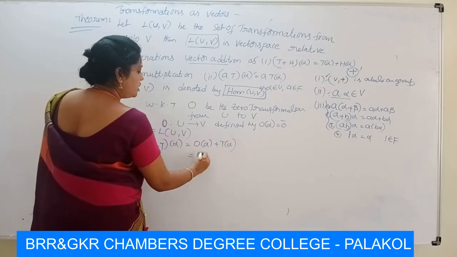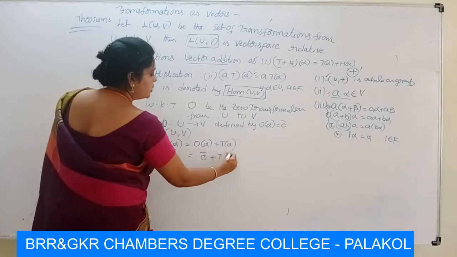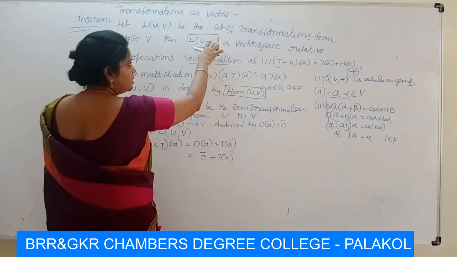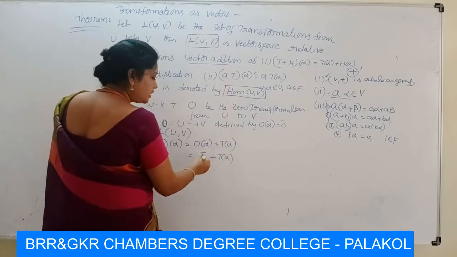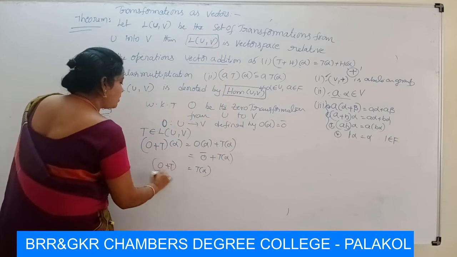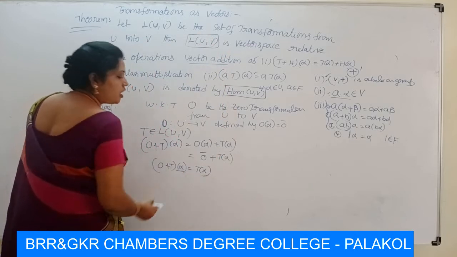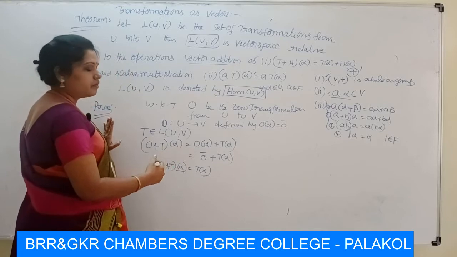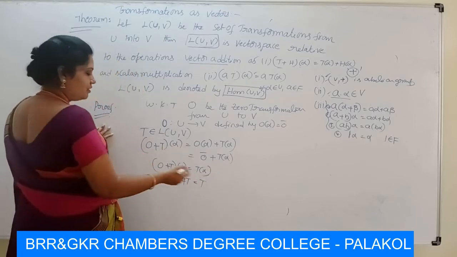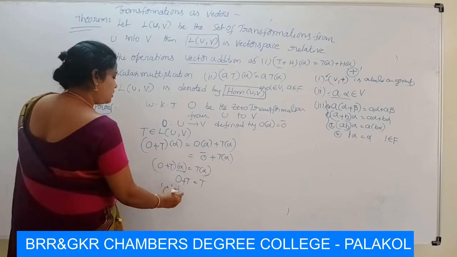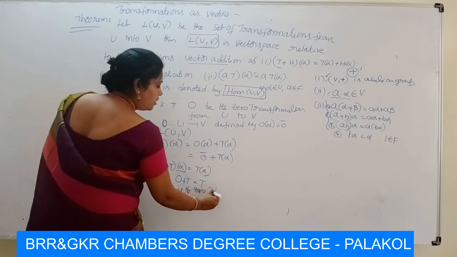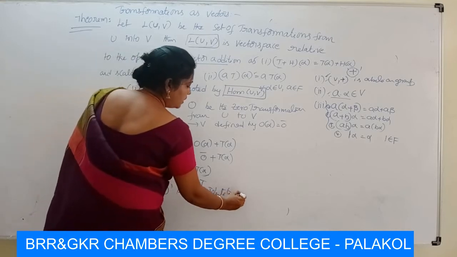O of alpha is the zero vector 0 bar, plus T of alpha. T of alpha is a vector of V. This is the codomain, so we can add the zero vector of V. We get the same vector T of alpha. So O plus T of alpha is equal to T of alpha. Alpha is the same arbitrary element on both sides. Therefore O plus T is equal to T. So O is the zero identity or additive identity in L of UV.